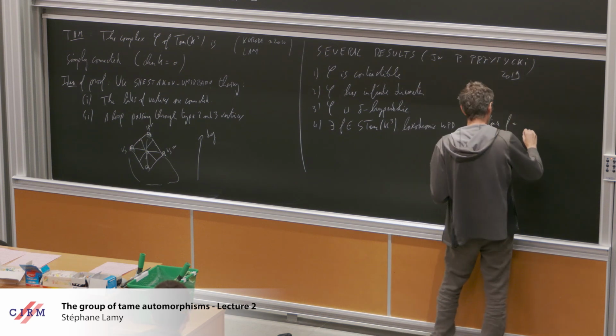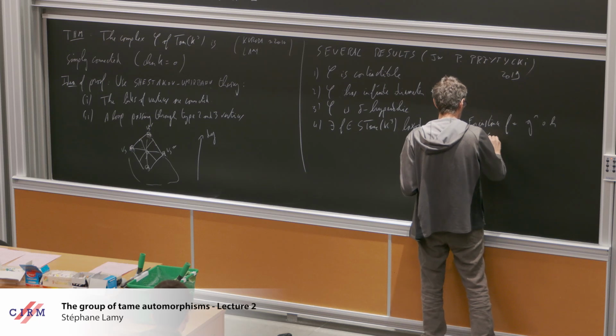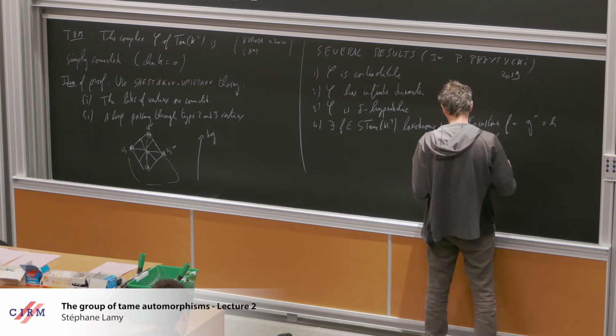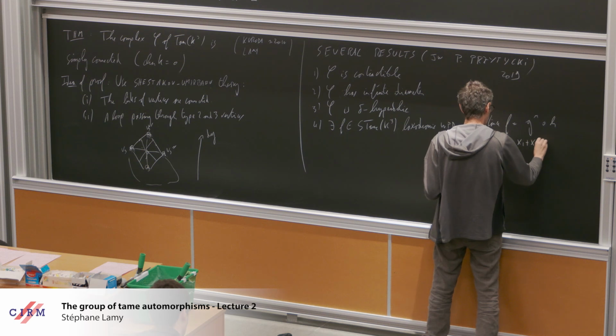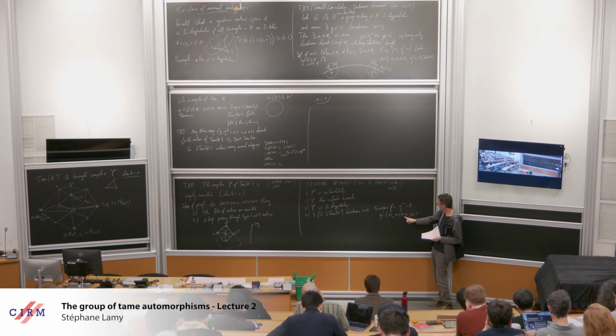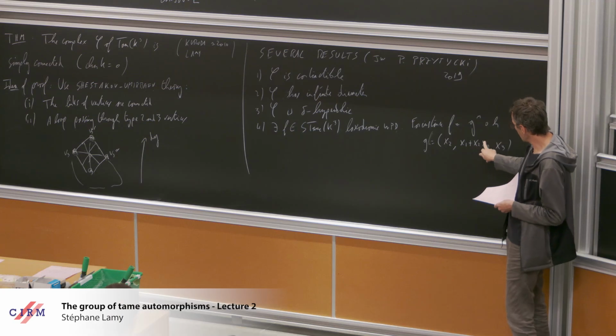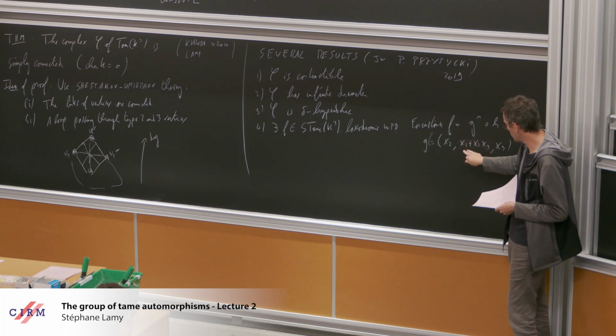has the following form. It's G to the n, H, where G is x1, x2, x3 going to x2, x1 plus x2, x3, x3. That's my G that I put at the power n. Essentially, it's linear, but it's linear with coefficient in x3. There is a polynomial in x3, but otherwise, in x1, x2, it's linear, it doesn't touch x3.